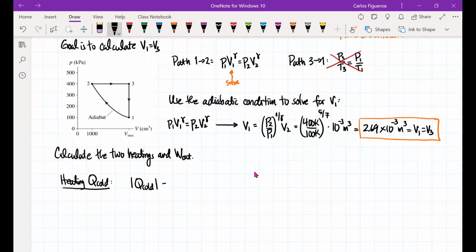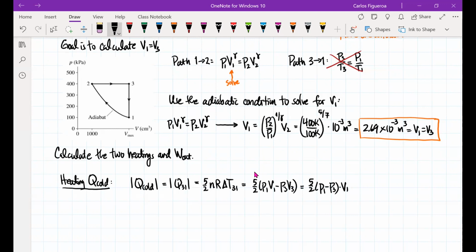So it's the absolute value of Q31, which is 5/2 nR delta T31. Using the ideal gas law, this gives me 5/2 times P1 V1 minus P3 V3, but the volume is the same, so I can pull out the volume. This will be 5/2 times the difference of P1 and P3 times the volume 1.